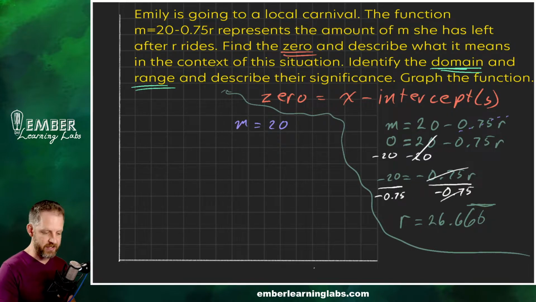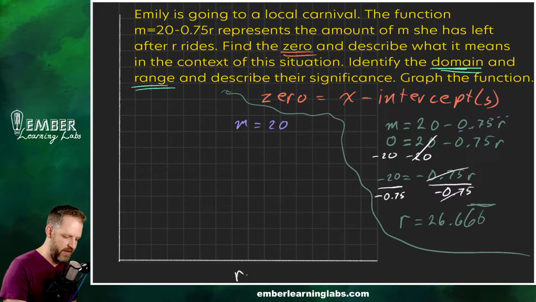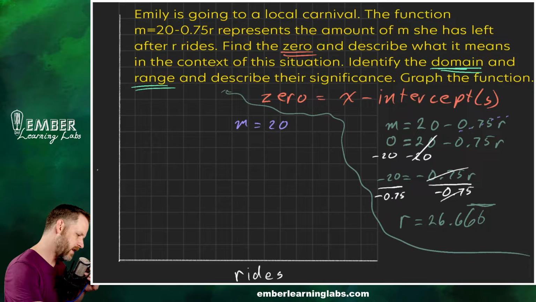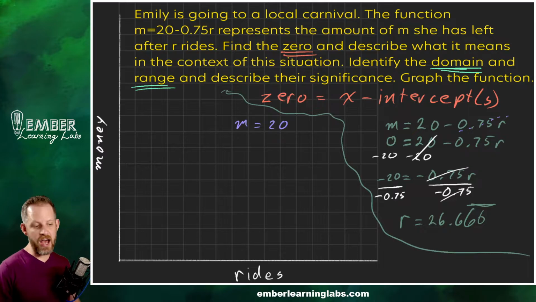Our x-axis, or our r-axis, is rides, the number of rides she's ridden. And the y-axis, or the m-axis in this context, is the money axis. Her money starts out at $20.